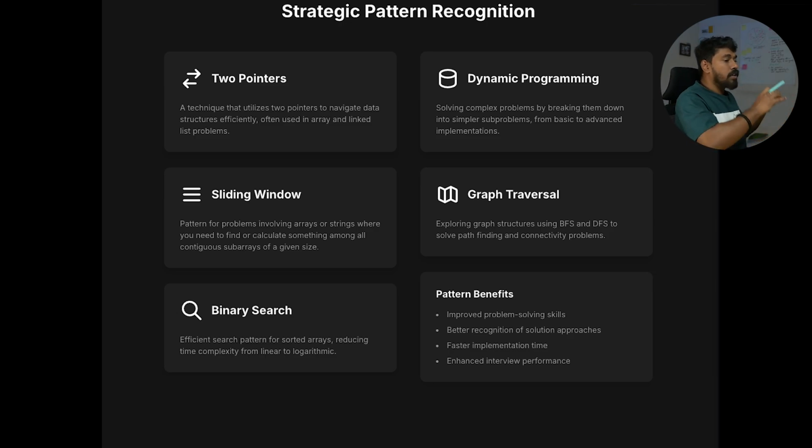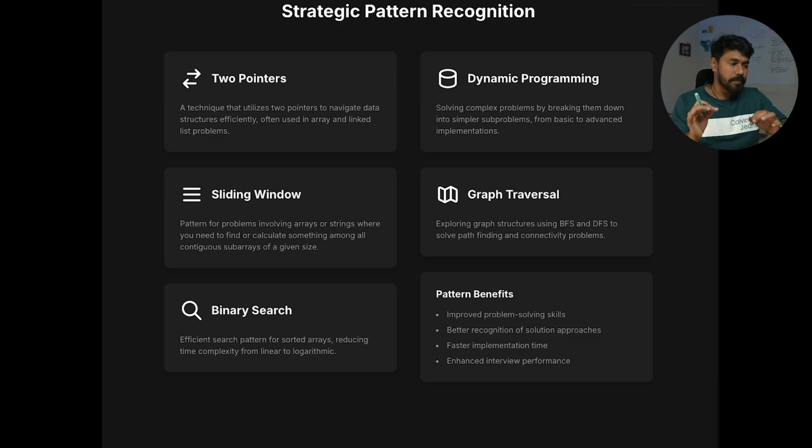We are talking about the two pointer trick, sliding window idea, using binary search to solve problems, the top K elements, right? Dynamic programming problems, moving through graphs using BFS, right? And learning these patterns isn't just about solving these problems. You should be able to identify these patterns in any problem, and that is crucial to crack any interview.